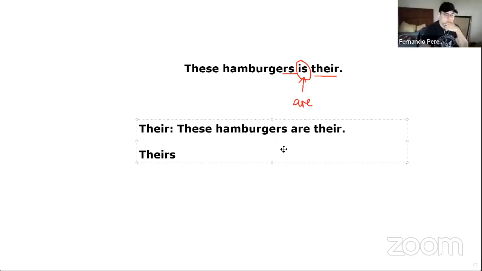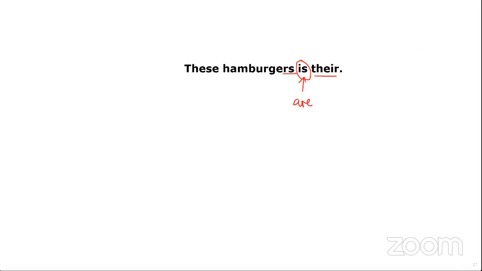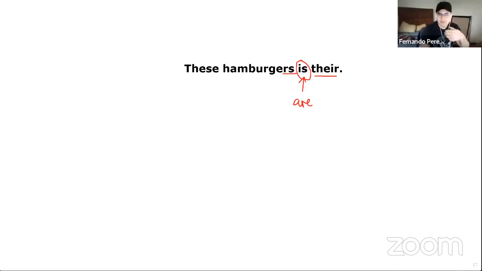Okay, let's do something. You're gonna have a homework. Homework, you're gonna make an example with possessive adjectives and an example with possessive pronouns. Include them in your glossary and make an example by yourself.